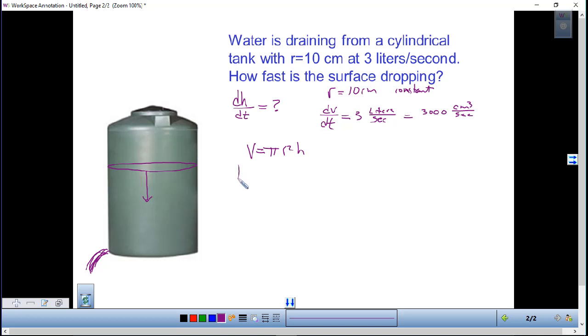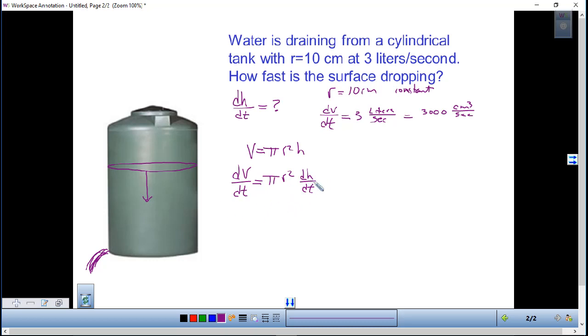So when we take our derivative, we're going to get dV dt is equal to pi r squared, not taking the derivative of that, and then the derivative of h with respect to t is going to be 1 times the dH dt. That's that conversion factor to convert the derivative with respect to h into a derivative with respect to t.